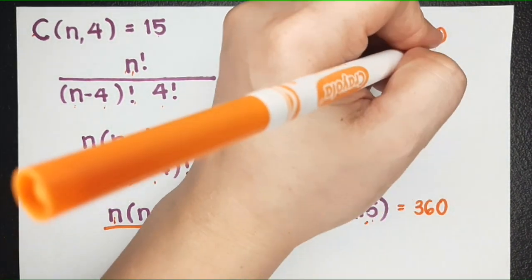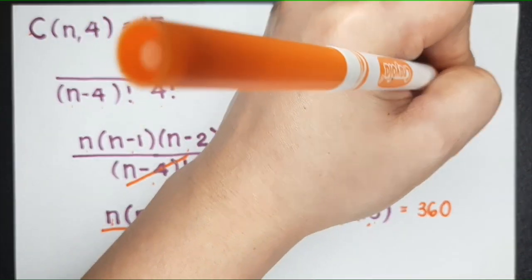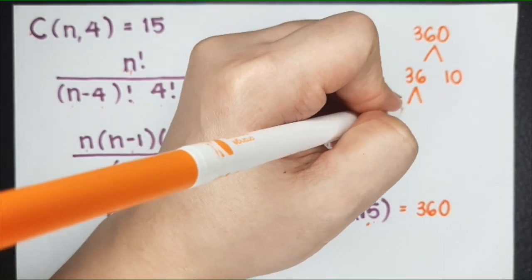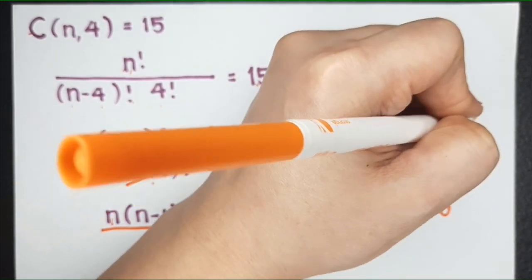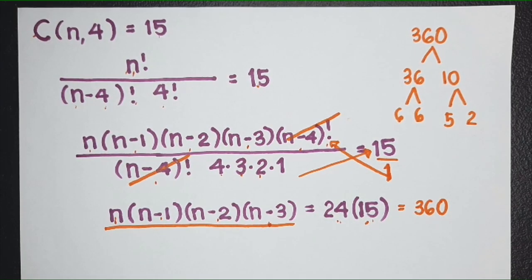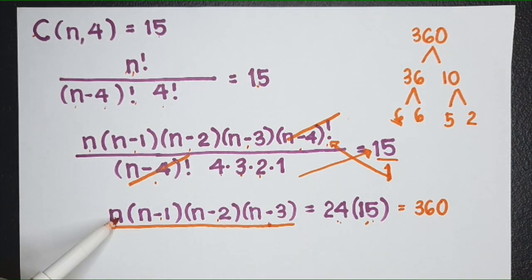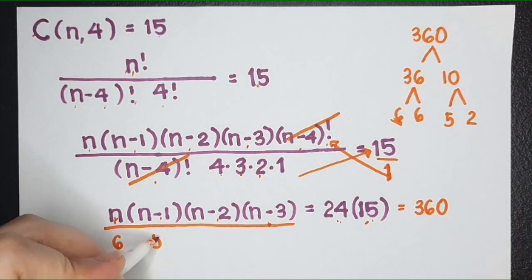Ang 360, ang pinakamabilis kong maiisip ay 36 times 10. Tapos, ang 36, 6 times 6. Tapos, ito, 5 times 2. So, you may start trial and error. Pwede kayo mag-try ng, sige, 6. Kung 6 to, ito, 5.